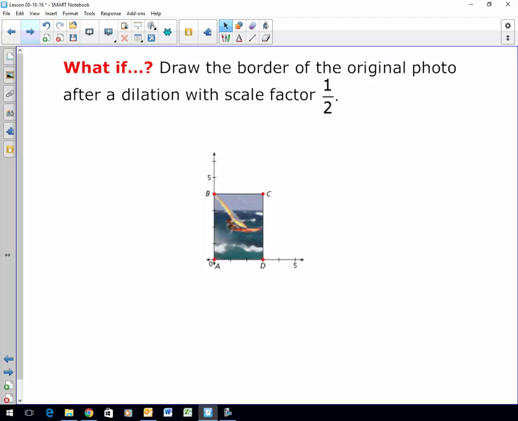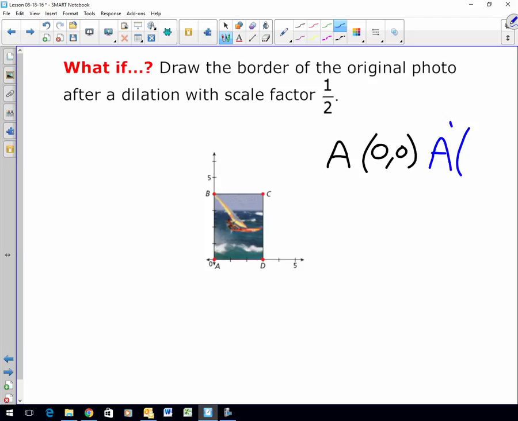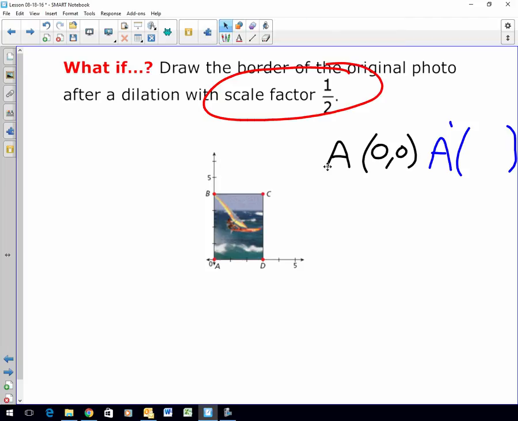All right, here we go. I want y'all to do this. I will give you the coordinates. A is at 0, 0. I want you to tell me what A prime is going to be after the dilation. Here's your scale factor right here. Scale factor is 1/2.